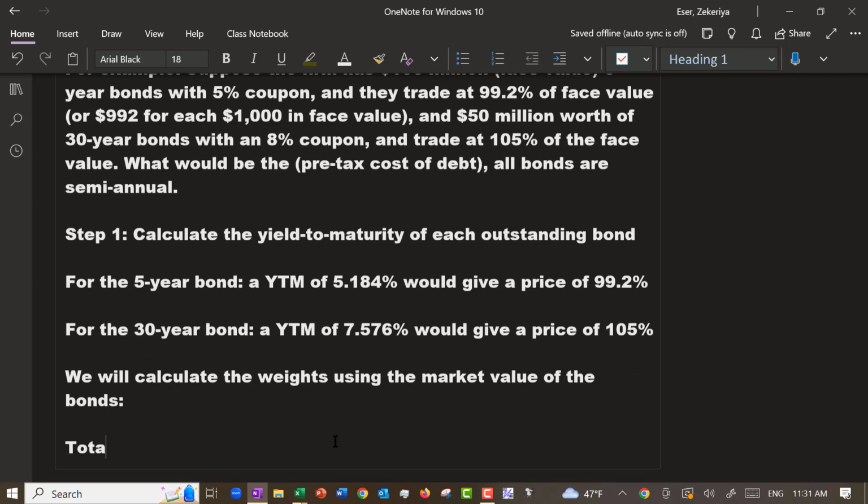Total value equals, I have 100 million at 99.2% plus 50 million at 105%. So total market value of these bonds is 151.7 million.